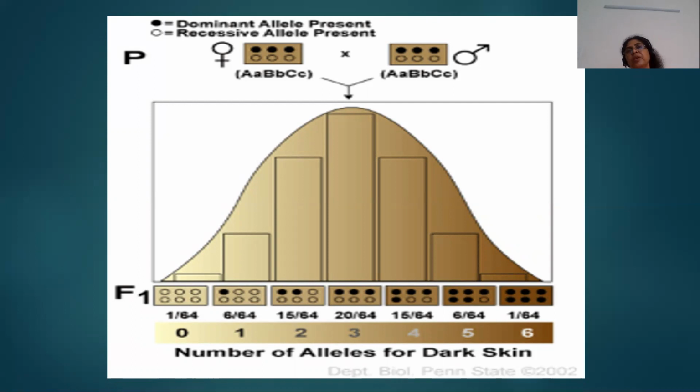Same way, fairly light is 15/64, light is 6/64 and very light is 1/64. So the ratio is 1:6:15:20:15:6:1.